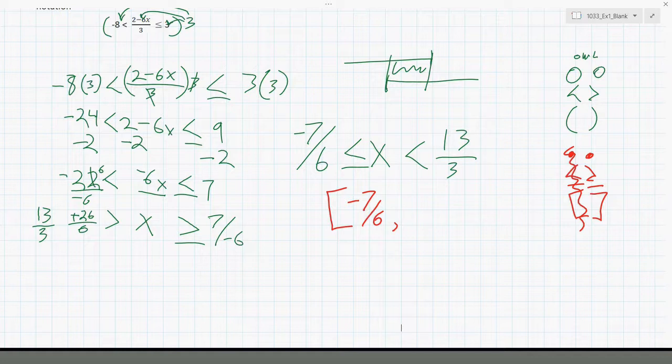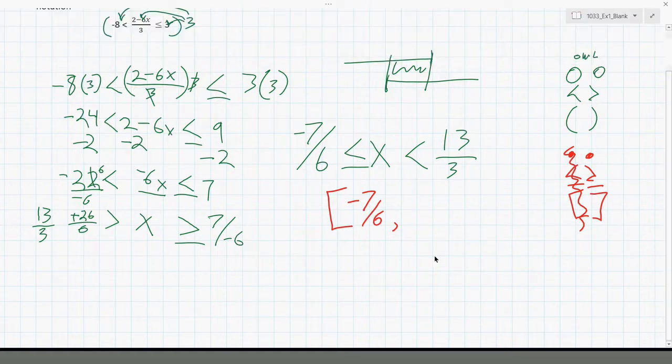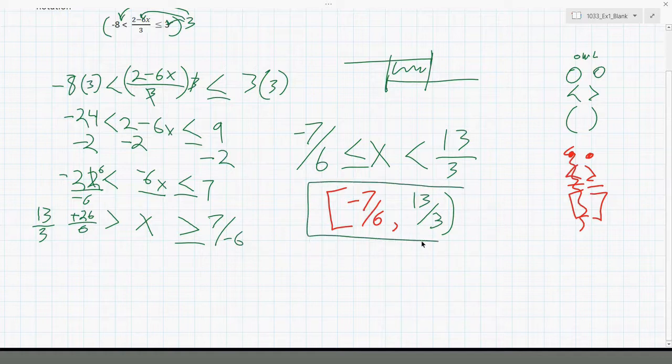And then we ask, how does it touch 13 over 3? Well, it uses a less than symbol. So a less than symbol doesn't equal, therefore it is part owl, and it doesn't exactly touch it. Therefore, we will say, with green numbers, that 13 over 3 with a parenthesis would be the answer for that part, right? We have made our interval notation.